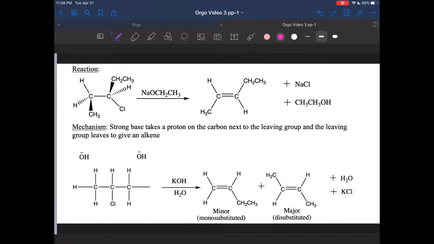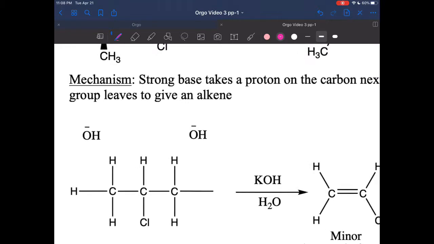In this example, we can see that the strong base takes a proton on the carbon next to the leaving group, and the leaving group leaves to give an alkene. So down here, we will have a bond between this oxygen and this hydrogen. The bond between the hydrogen and the carbon will break to form a double bond between the two carbons, and the same thing will happen with this side.